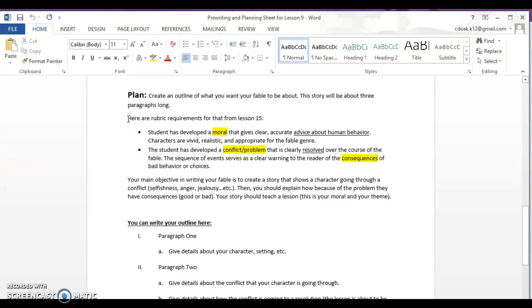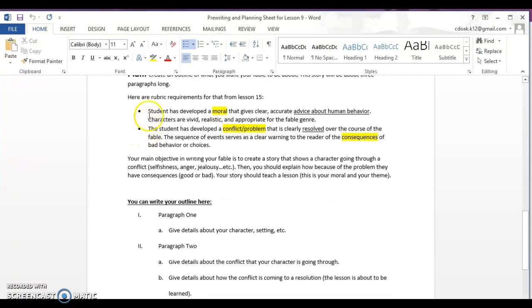Here are rubric requirements for lesson 15. So I looked ahead at lesson 15 because I was like, okay, what's the fable supposed to include? Because we're planning for that fable, so let's see what it's supposed to be. All right. So the rubric said, student has developed a moral that gives clear, accurate advice about human behavior.